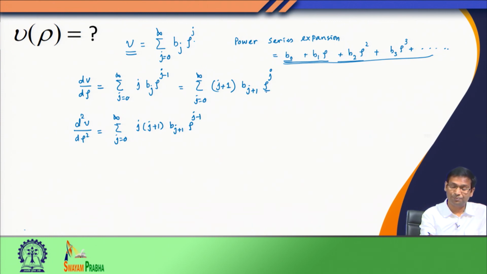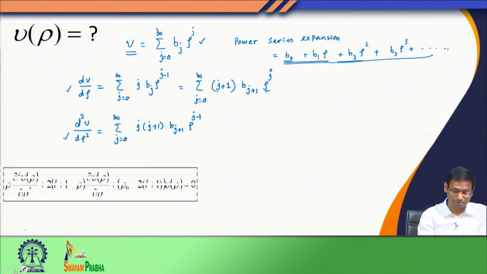So, now by defining v as a power series expansion, I have dv by d rho and d square v by d rho square. Now, this is the differential equation I had. I have defined v here, I have dv by d rho, I have d square v by d rho square, expressed in terms of the b j's, which are the coefficients.